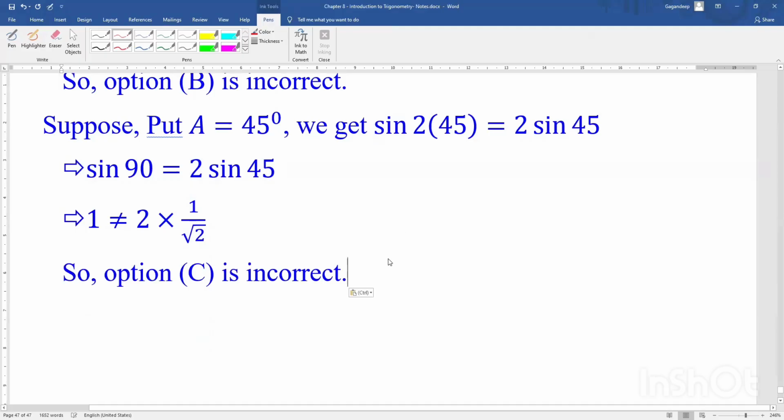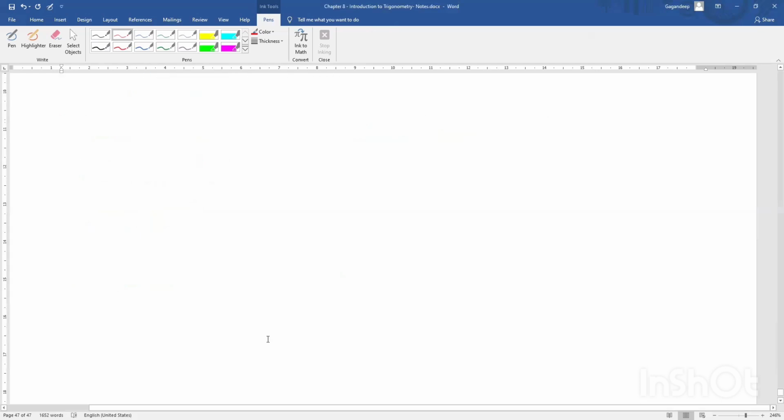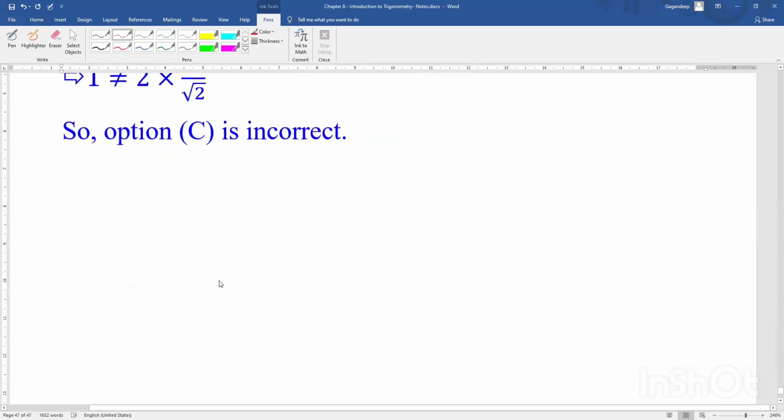And then we have the one more option, A equals 60 degree.